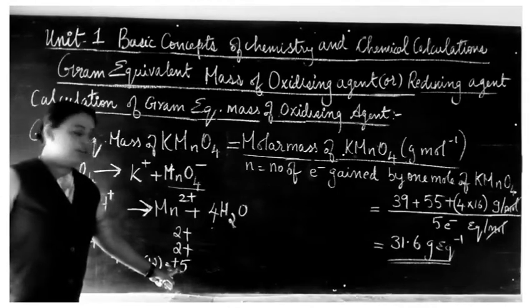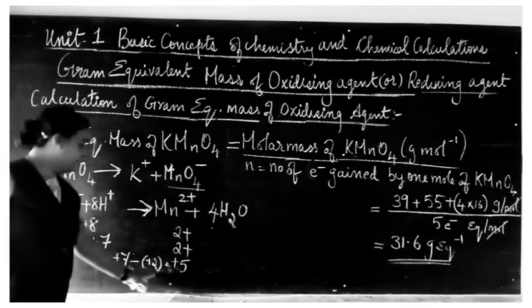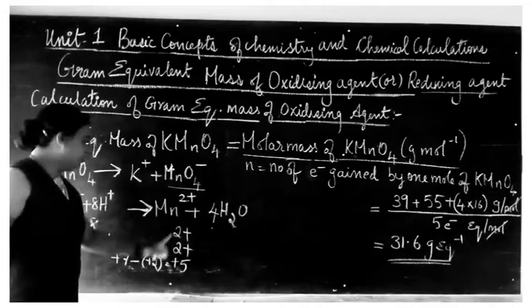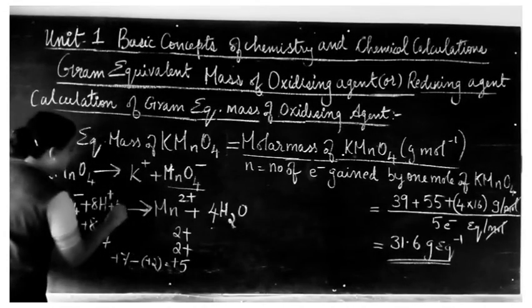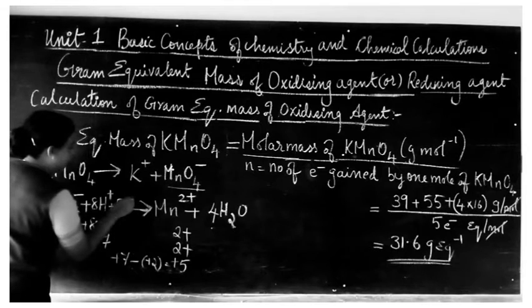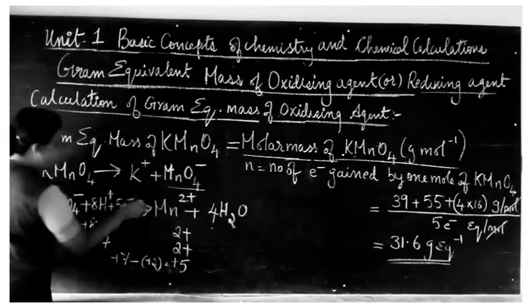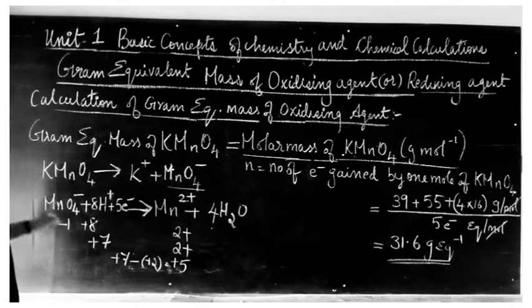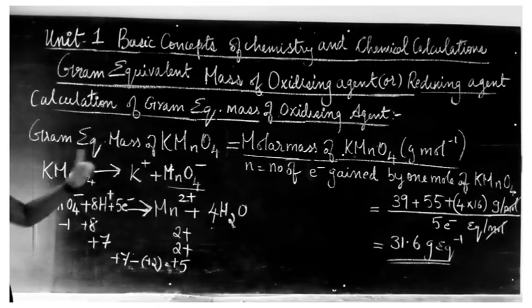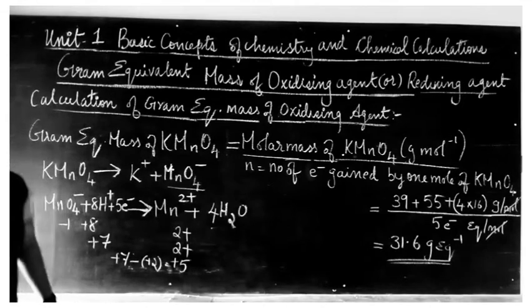So write 5 electrons, e minus, on the left hand side. So 5 electrons are gained when MnO4 minus is reduced to Mn2 plus ion.